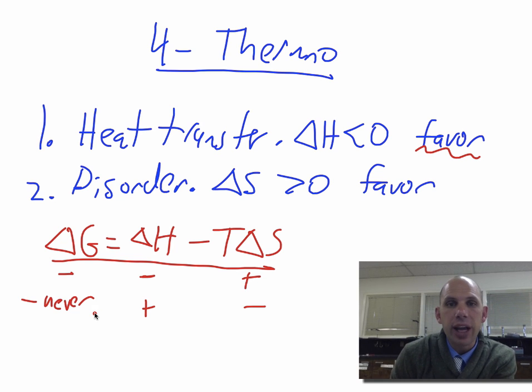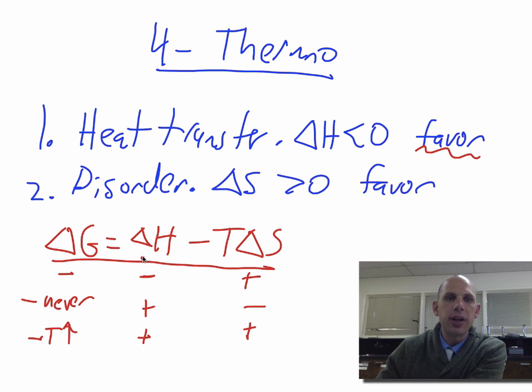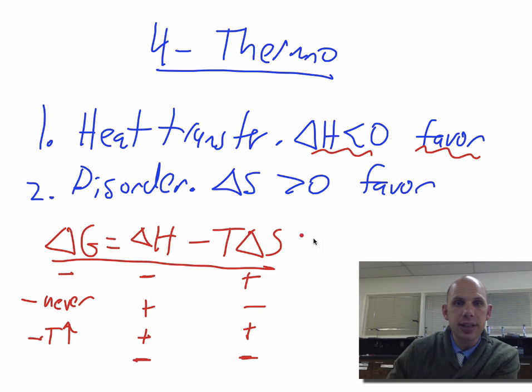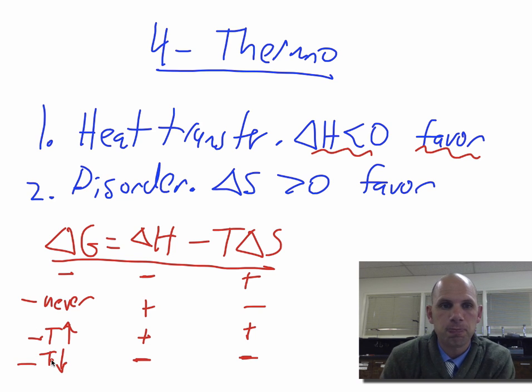Now, if you favor one or the other, so let's say we favor the entropy but not the enthalpy, okay, we want this to win, so this is only going to be spontaneous as T increases. And let's say we favor the enthalpy, make that negative, because that's what we said here, but we don't favor the entropy, that's only going to be spontaneous as T decreases.